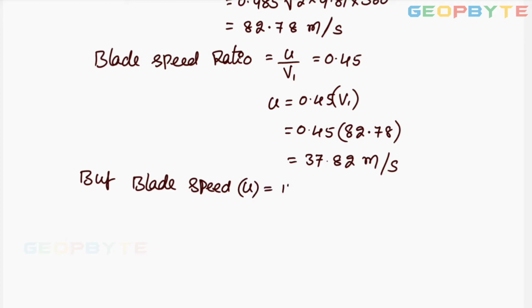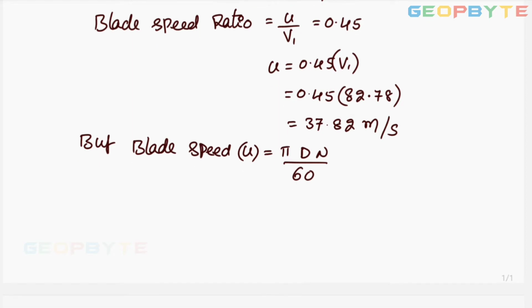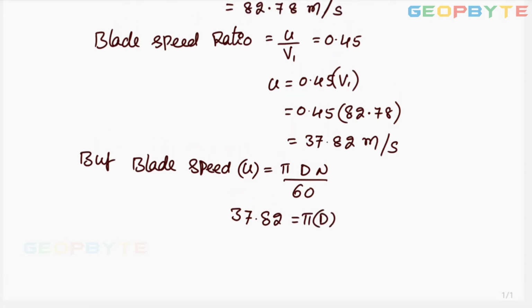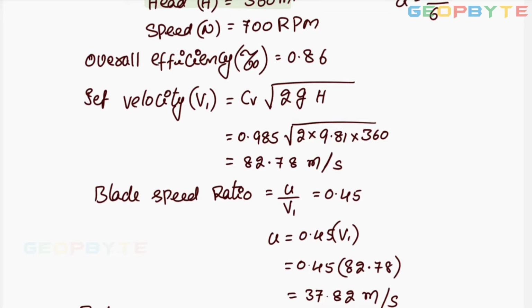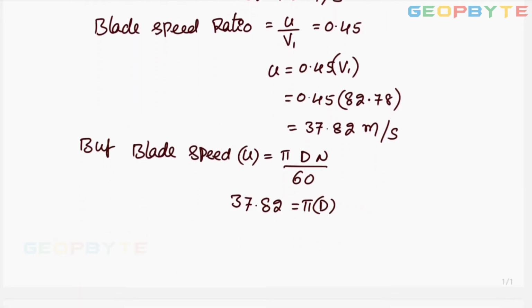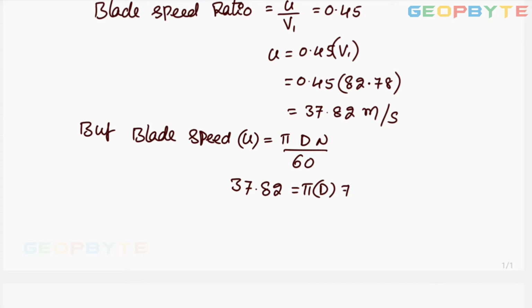But blade speed U equal to pi D N by 60. 37.82 is equal to pi into D into N by 60, the N value 700 rpm, 700 divided by 60.